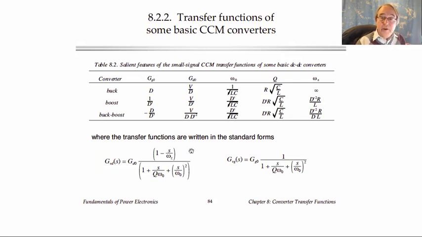This table can also be used for isolated converters containing transformers that are based or derived from these buck, boost, or buck boost converters. So for example, if we have a forward converter, we can use the buck transfer functions, and all we need to do is include a turns ratio in GVG, which is the transformer turns ratio. As far as GVD is concerned, the gain is actually written in terms of the output voltage V rather than the input voltage VG.